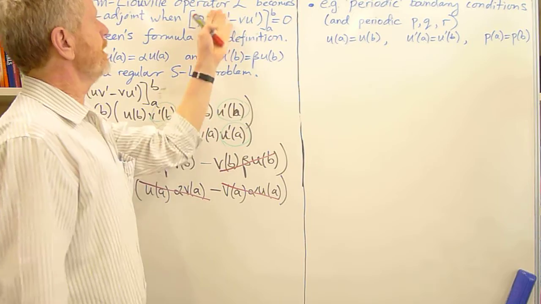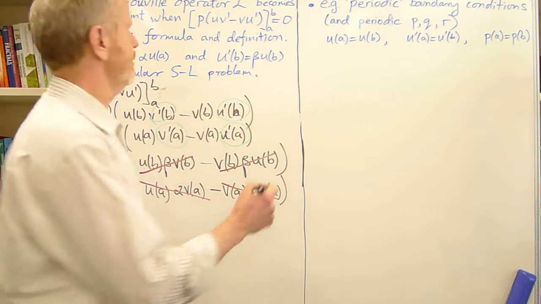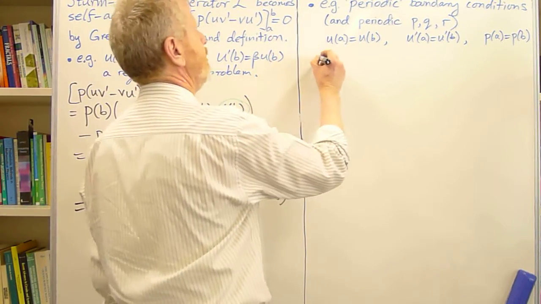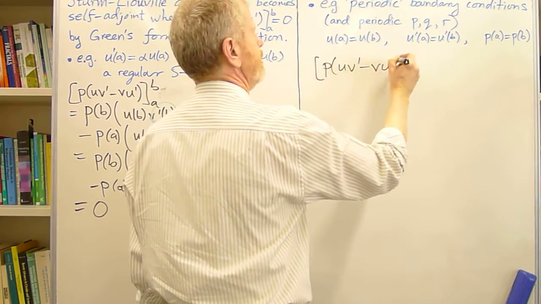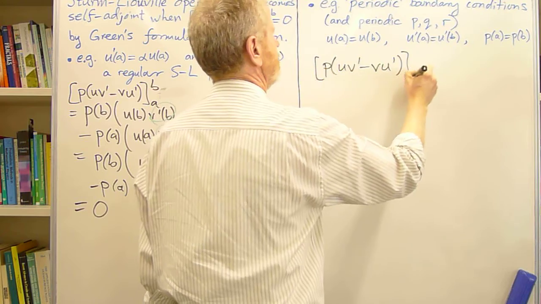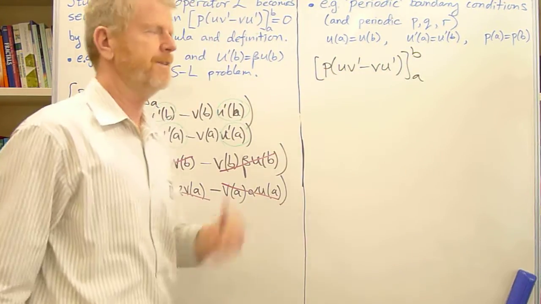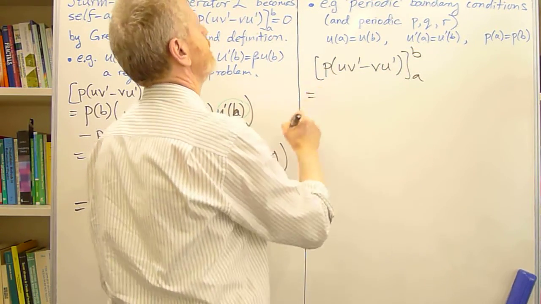The differential operator will be self-adjoint if and only if p(uv' - vu'), evaluated between a and b, is 0. So let's have a look at it.